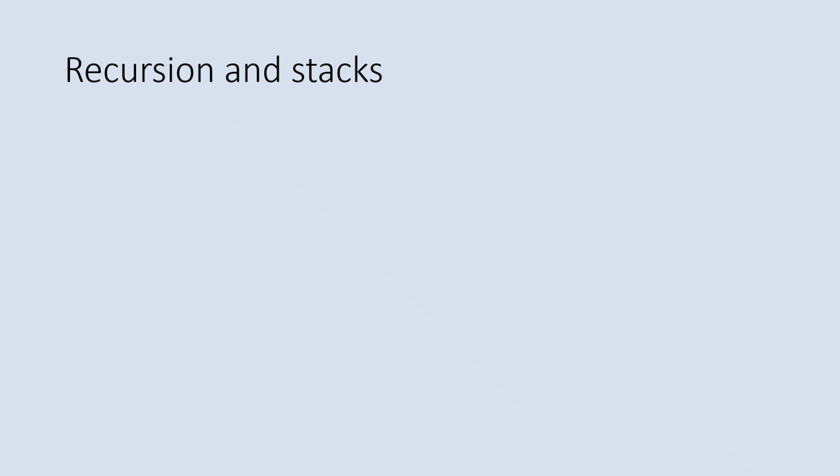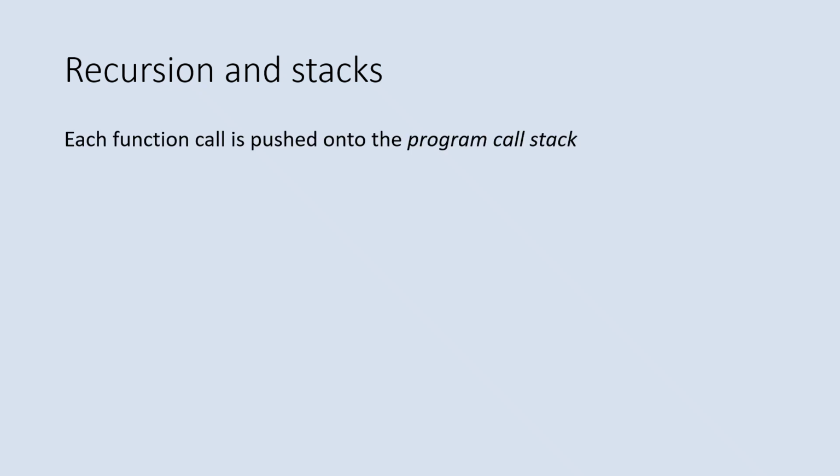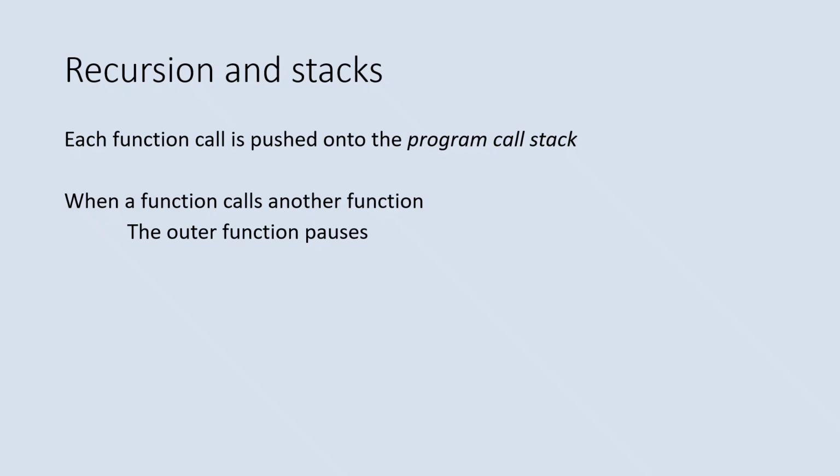So in terms of what is happening a little bit behind the scenes, we have a program call stack that's in the background, and every time there's a function call, that is pushed onto that stack. And so when a function calls another function, the outer function, the calling function, will pause.